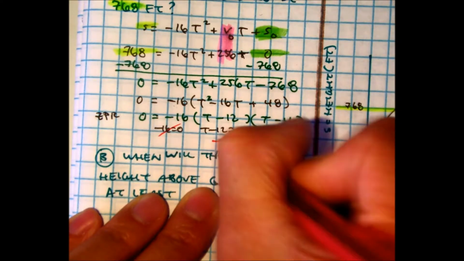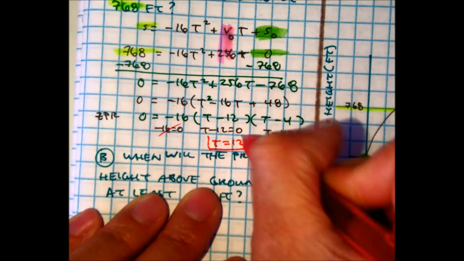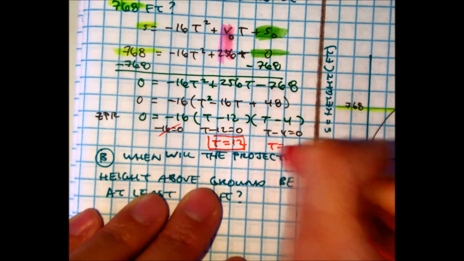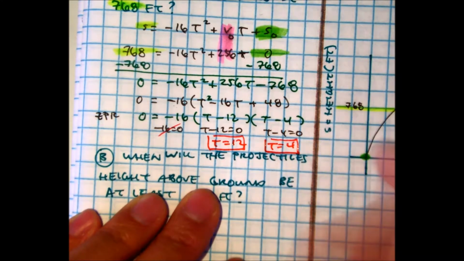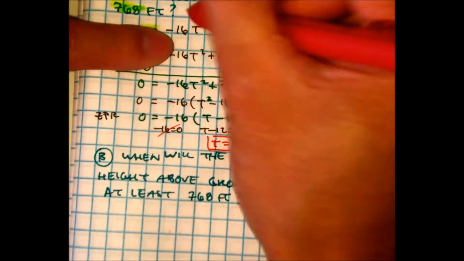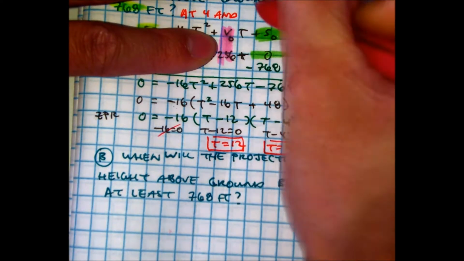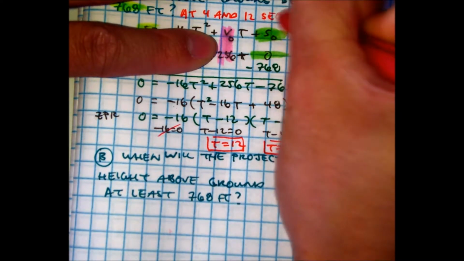T equals 12, and t equals 4. When will the projectile's height above ground be 768 feet? At 4 and 12 seconds.